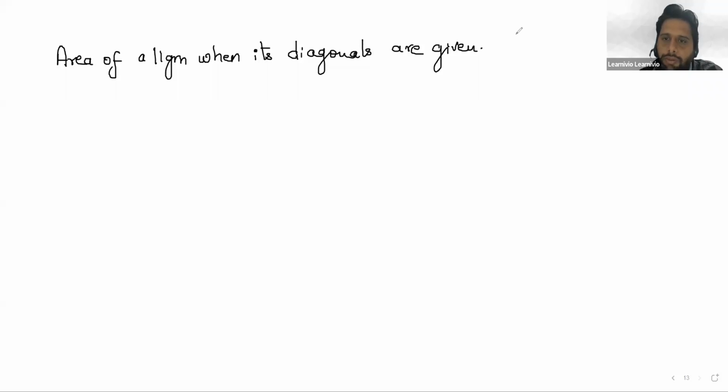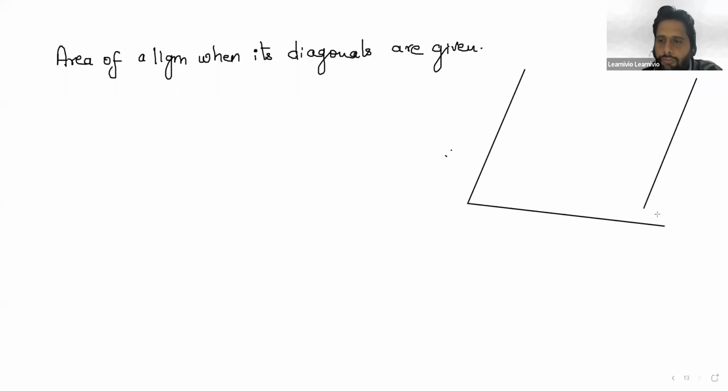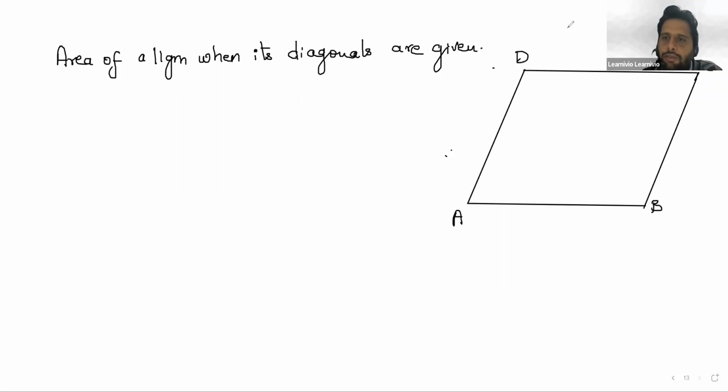So let me draw a parallelogram. Okay, so this is A, B, C, D. And we will draw the diagonals. We have this BD diagonal and we have this AC diagonal.